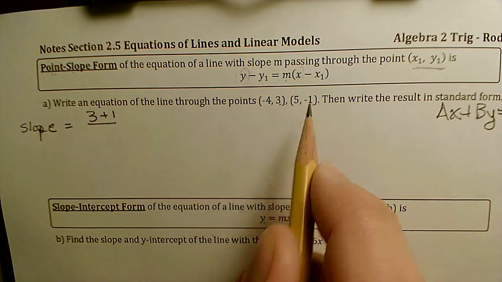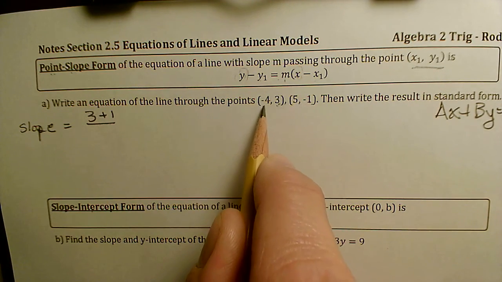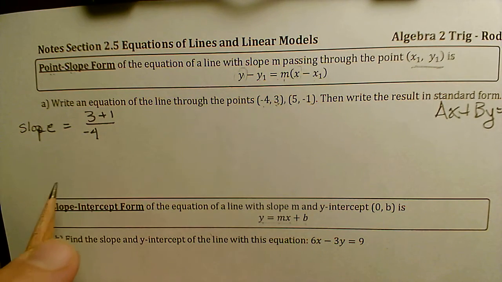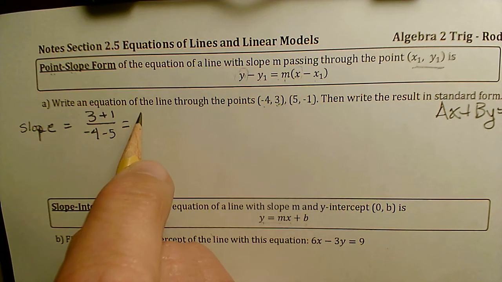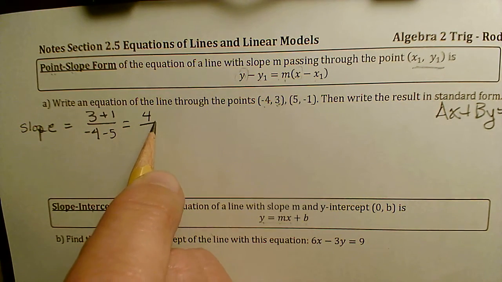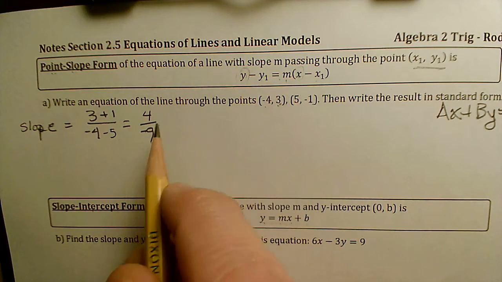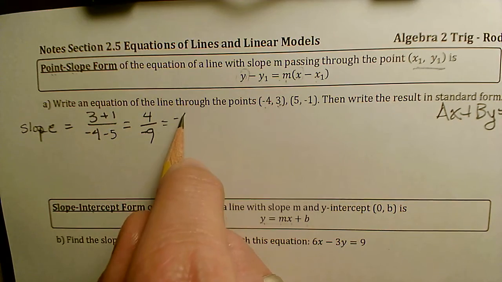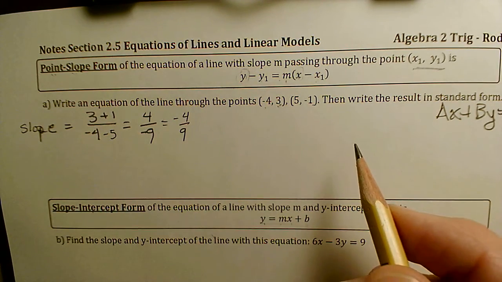So the difference in the y's over the difference in the x's. Now I started with this y, so I have to start with this x, negative 4 minus 5. And that gives us positive 4 over negative 9. So that is our slope. You can either put the negative upstairs or down. So we could think of it as negative 4/9, or we can think of it as 4 over negative 9.